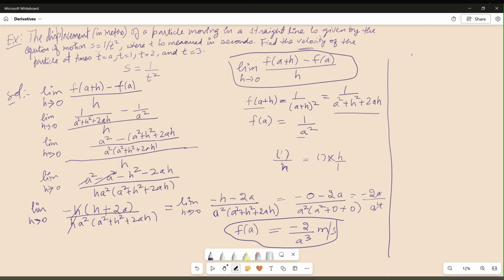When t is equal to 1, f prime of 1 is equal to negative 2 divided by 1 cubed, which is also 1. So this is going to be negative 2 meters per second.